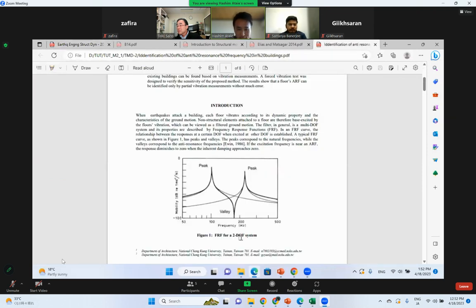This is the figure, Sensei, that I found when the frequency response function of a system is calculated. For example, this is the peak. This is just for 2 degrees of freedom, but there could be 3 or 4.